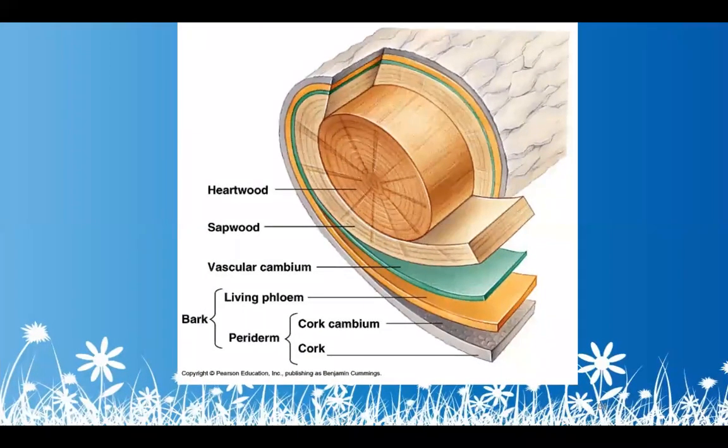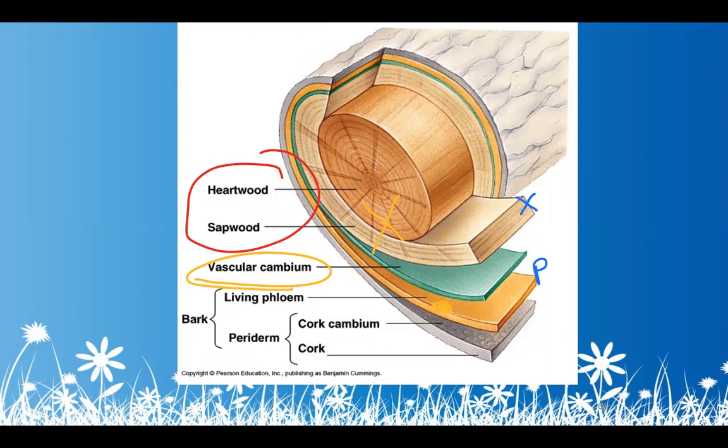So here's basically another cross section. Don't worry about these two right now. I'm going to talk about those at a later date. But you have the vascular cambium. This is all xylem, by the way. You've got your living phloem here. So in between your xylem and your phloem, you have your vascular cambium.